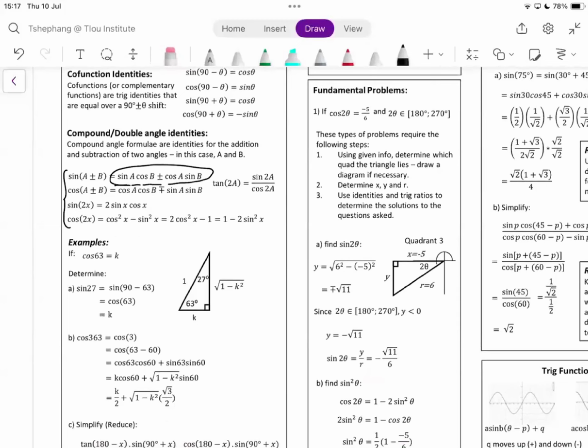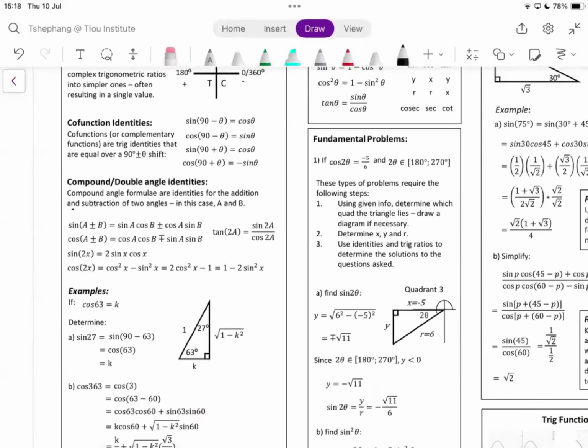Now, the easiest one that I can explain would be sine. Whenever we're dealing with sine, let me make a very simple example: sine of A plus A. If we expand that, we're simply going to have sine of A cos of A plus sine of A cos of A. And what does that give us?